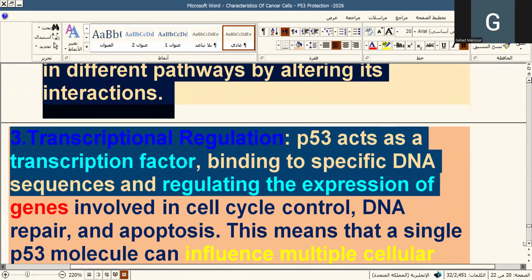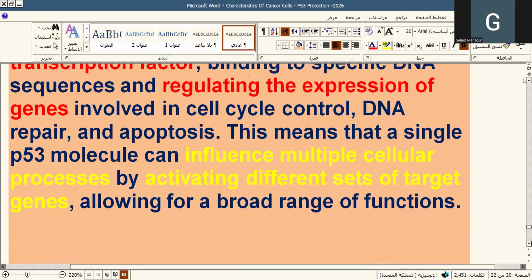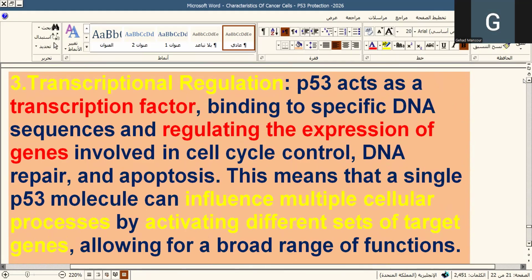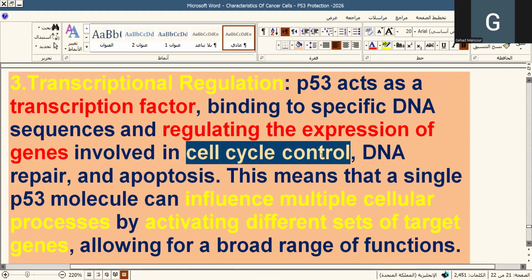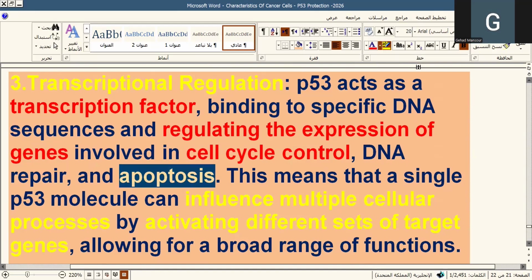So the last function of P53 we are discussing now is its ability to act as a transcription factor, helping transcription of DNA and therefore helping the expression of this DNA into proteins that are important for cell cycle control, or for DNA repair, or for apoptosis, which are the three functions that P53 does.